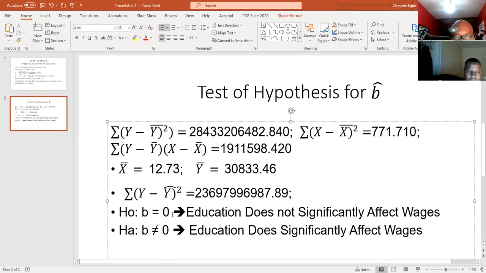So your null hypothesis is that education has no effect. The alternate is that education does have an effect.